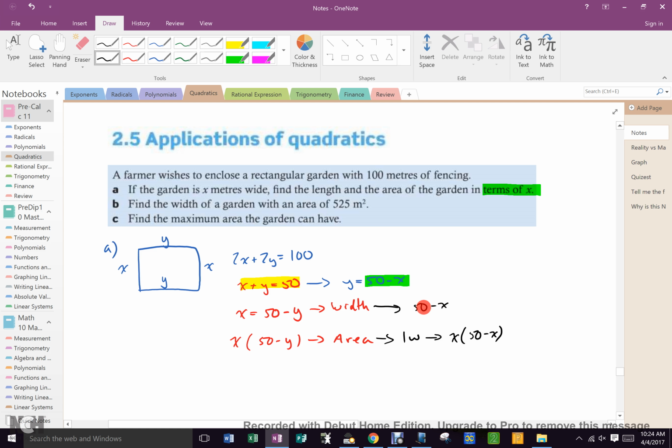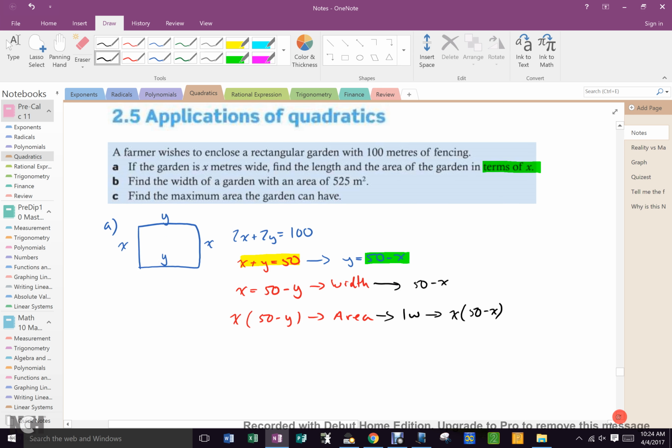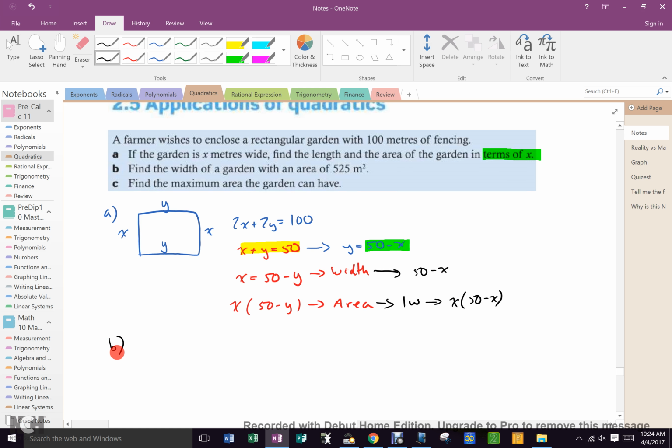So now we have our length and our area, yeah? So that's A. So B says what? Find the width of the garden with an area of 525. Well, what was my area? Area was 50x minus x squared, right?